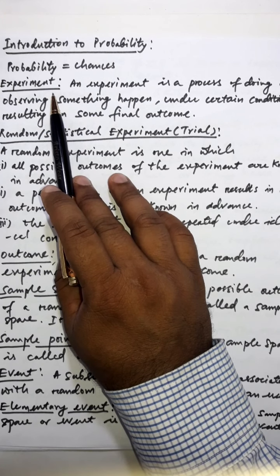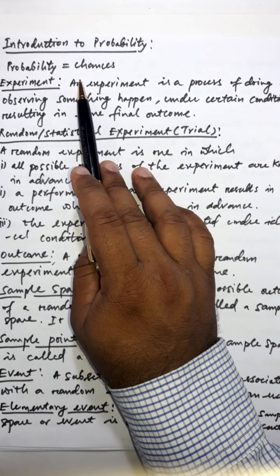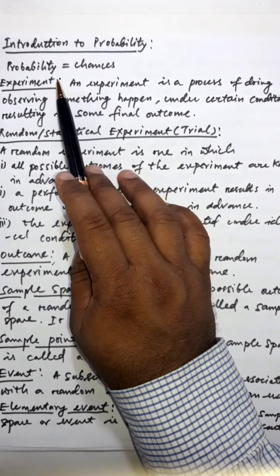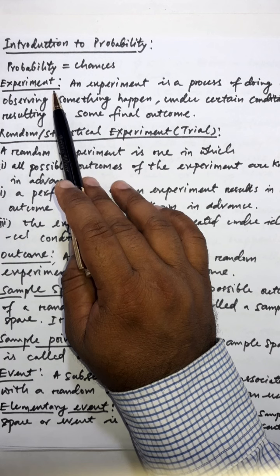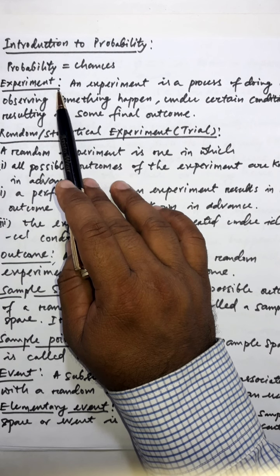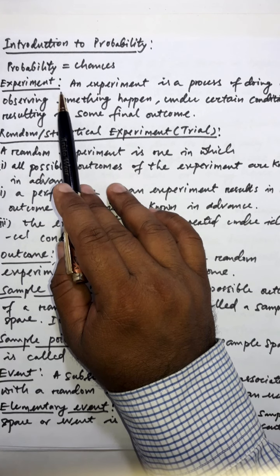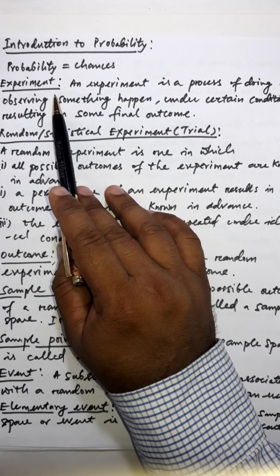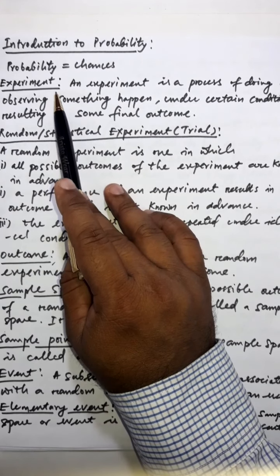So from the experiment, events or different cases are created, or those are the outputs of the experiment, and we have to calculate the probability of those events or cases based on that experiment. So let's start to discuss our topic from the origin of probability, that is experiment.